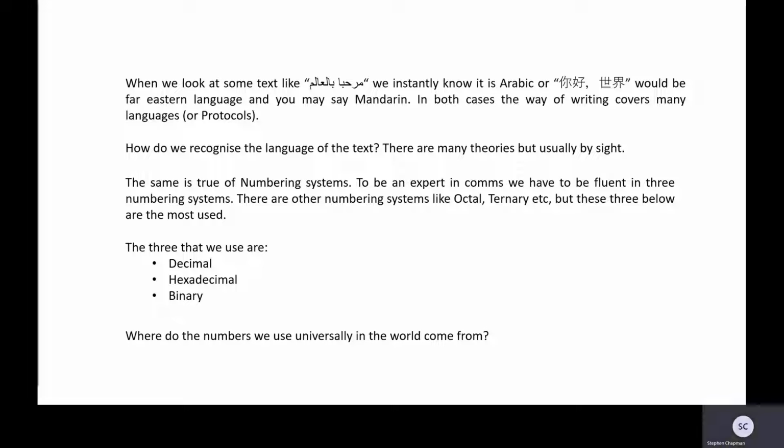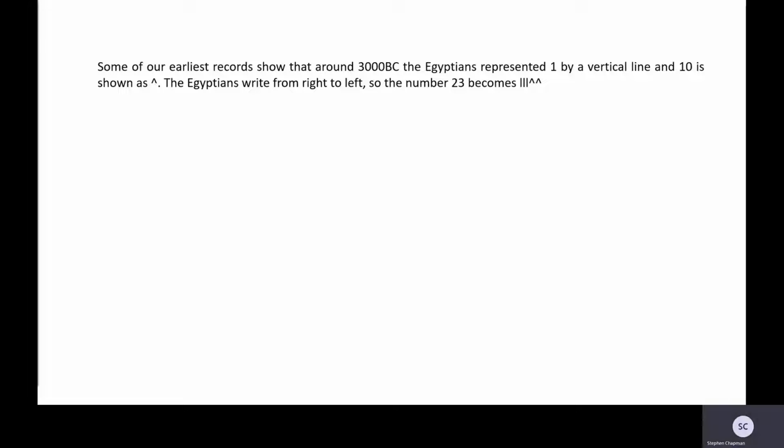But before we start to look at them, a little bit of history about where they came from might help us understand a few things. The earliest records we have, about 3000 BC, the Egyptians were representing things in their own numbering system.